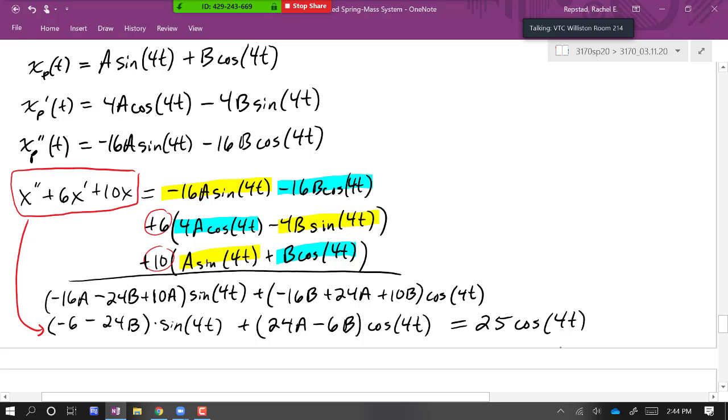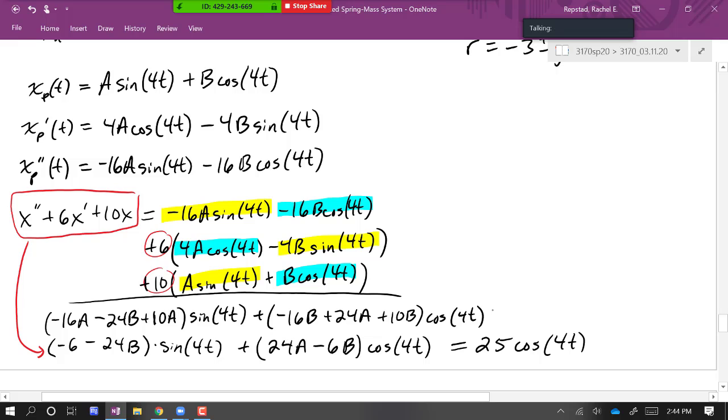What does this allow us to do? Right now we have a single equation with two unknowns that we're trying to find. We compare the coefficients. The coefficient on cosine has to be the same on either side. The coefficient on sine has to be the same on either side.